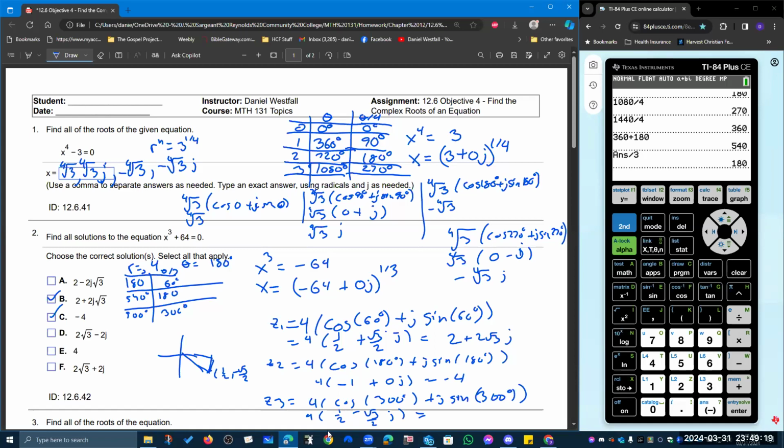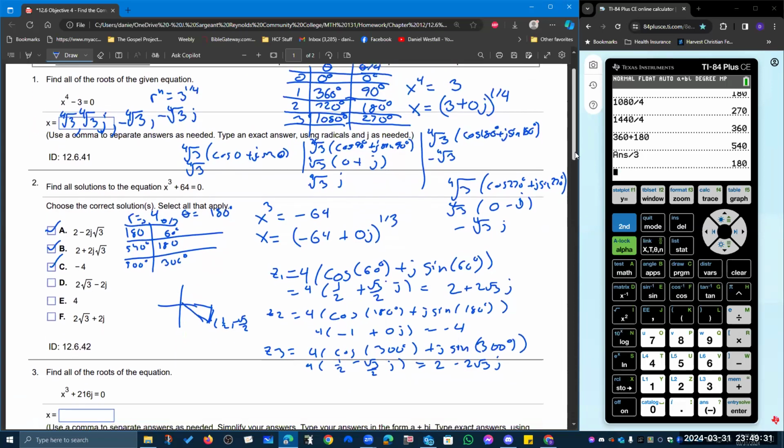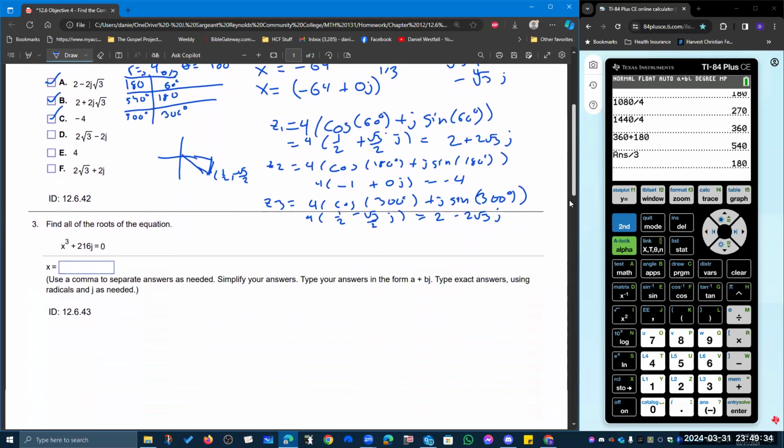So this is 2 minus 2 root 3 j. And those are my 3 cube roots of negative 64.